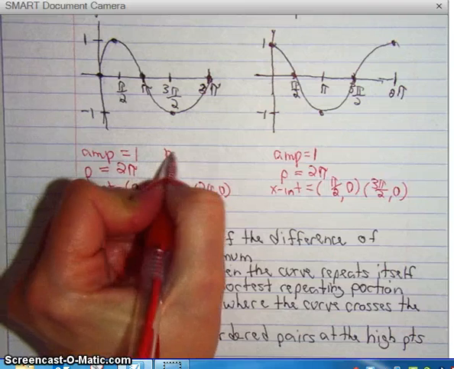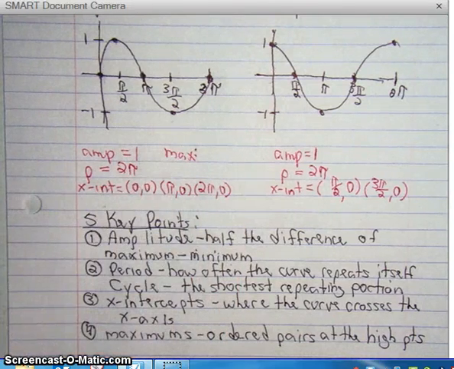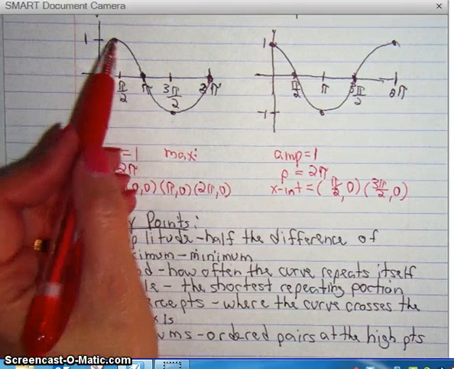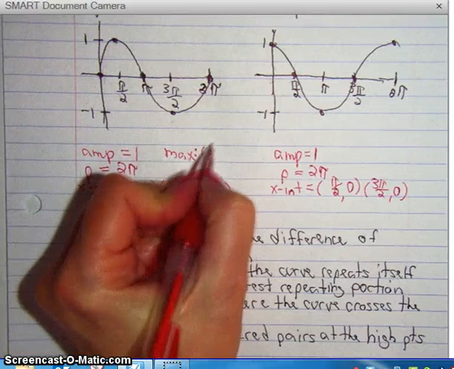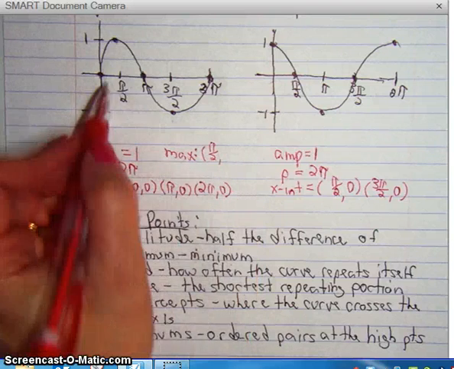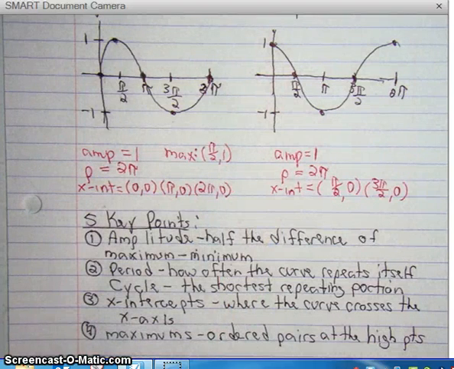So up here we'll write Max. Hey, Max. How did you know I was going to ask you? All right, so give me that max. Pi over 2, and up at? Oh, sorry. Wait, no, it's pi over 2, up at? Pi over 2, 1. And I think that's it. We don't have any other maximums.